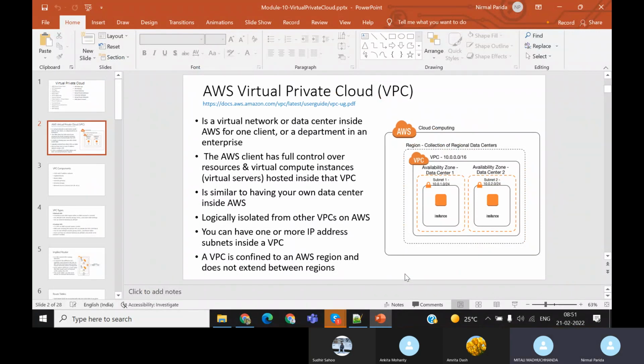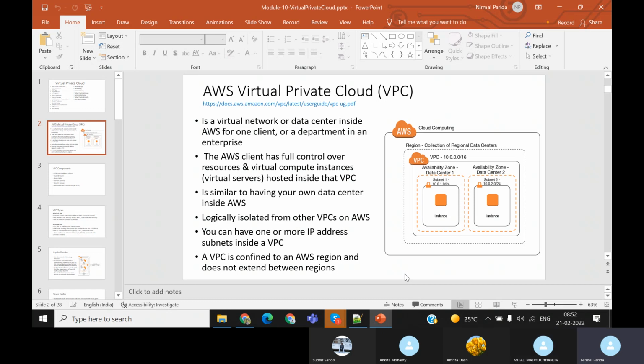I understood that, but you said the VPC is confined to a particular region in AWS, and in Google Cloud the VPC is not confined to any particular region. In Google, their VPCs are global, meaning if I create one VPC, inside the VPC I can launch one instance in the India region, and in the same VPC I can launch one instance in the USA region. Okay, understood. VPC is spread over all the regions.